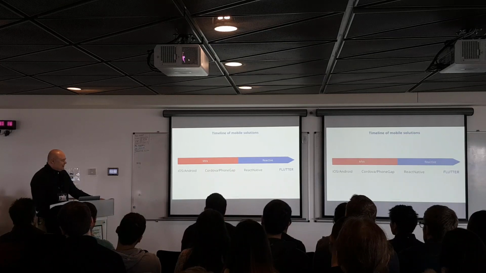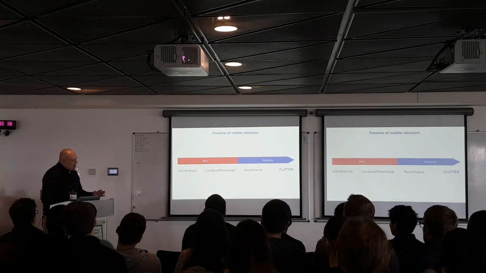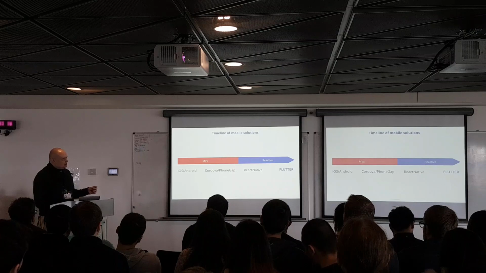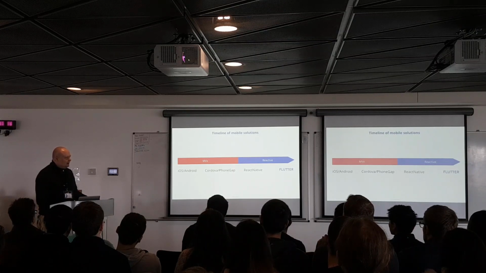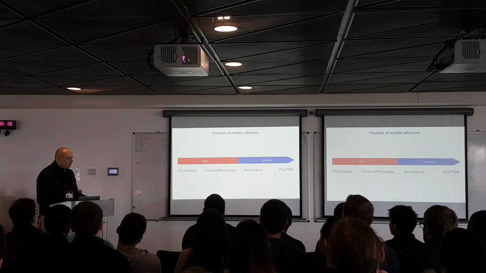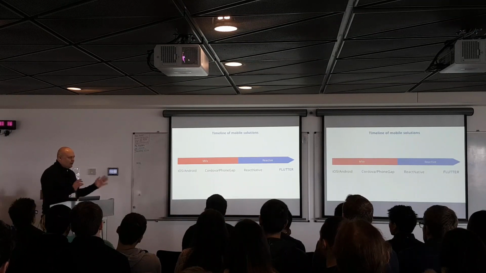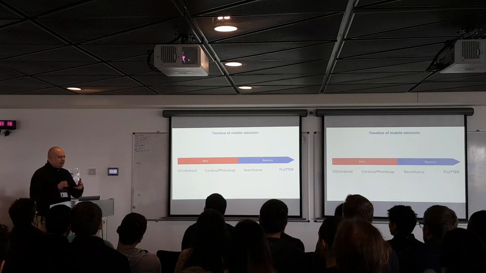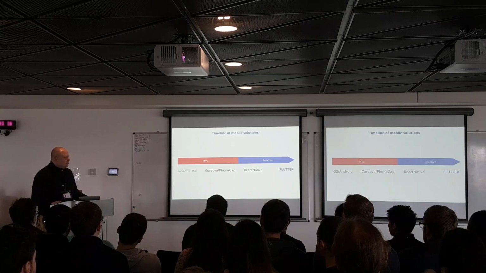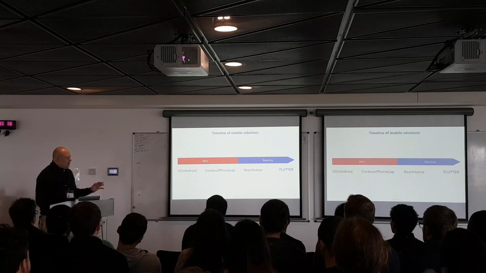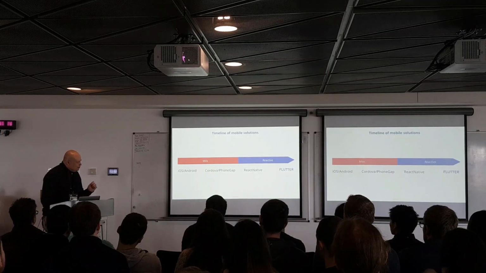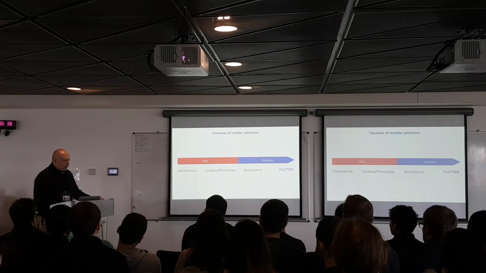So then people said, okay, how can we have a single code, but actually try to show the native widgets? The concept is pretty cool. You have one code which then transforms itself into the widgets, into the views on Android, into views on iOS, and they render. It's called React Native. But there was a problem with it. The problem was the bridge.